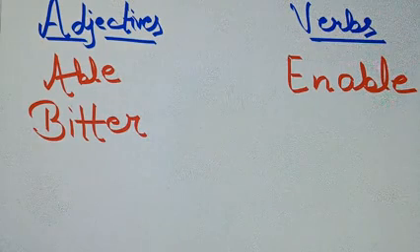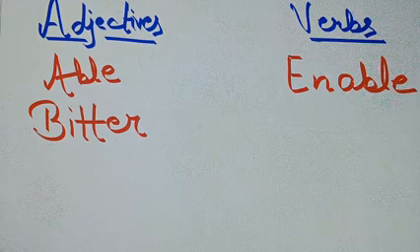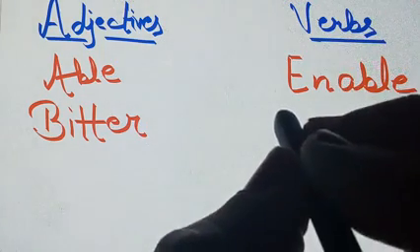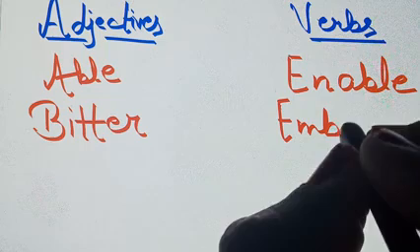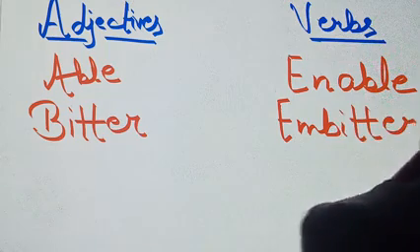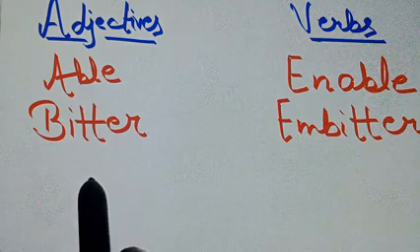bitter. Bitter, you know, is what is not good for taste. Bitter gourd, that's a vegetable, you must have heard about that. What is the verb form of bitter? Embitter. Embitter is the verb form of the adjective bitter.